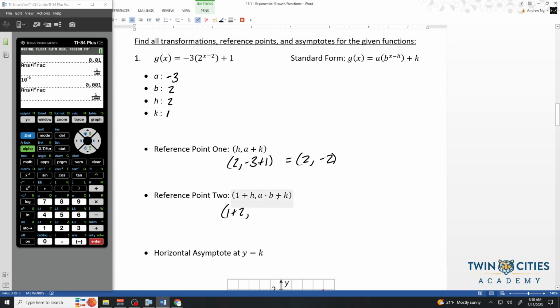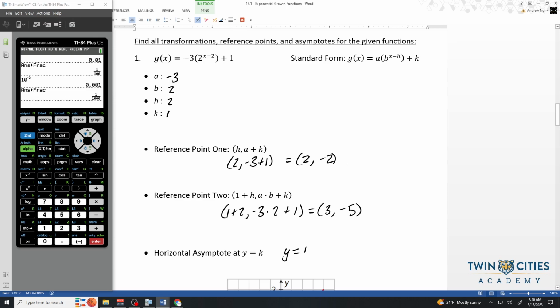And then a times b, so -3 times 2 plus 1 at the end. So this will be the same as 1 plus 2 is 3. And then -3 times 2 is -6 plus 1. That's going to make -5. And my horizontal asymptote is going to be at y equals k, which is 1.